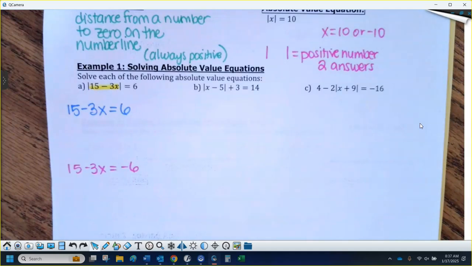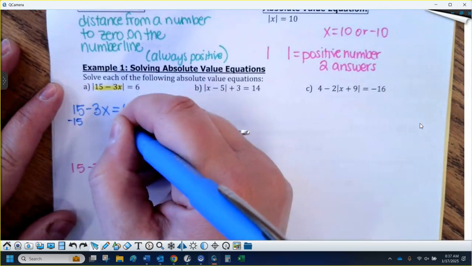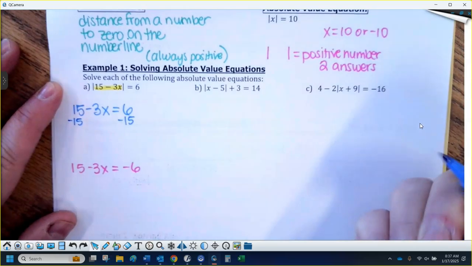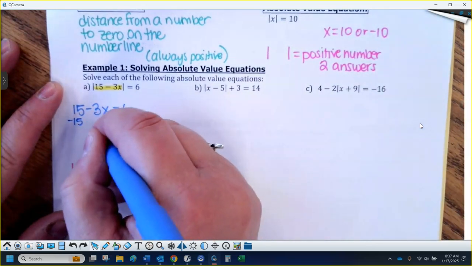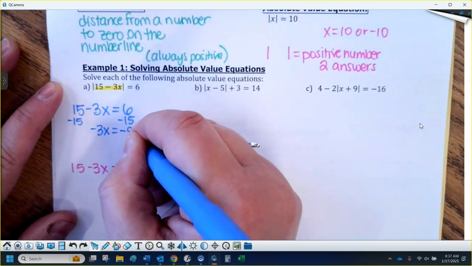So this is going to have two answers. And the equations are going to be similar steps to solve, but they're going to have two totally different answers because of the inside of that being 15 minus 3x. We're going to do the same two steps to solve these equations, but the answers are going to be different. So like here, if I'm trying to get x by itself, I'm just going to subtract 15, right? I'd have -3x. 6 minus 15 would give you -9.